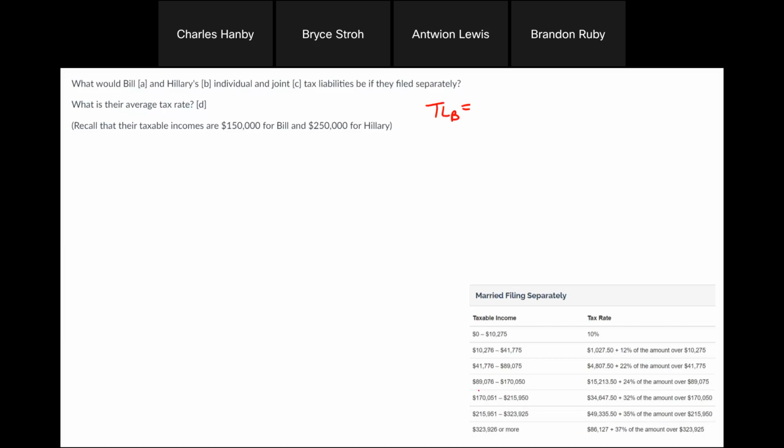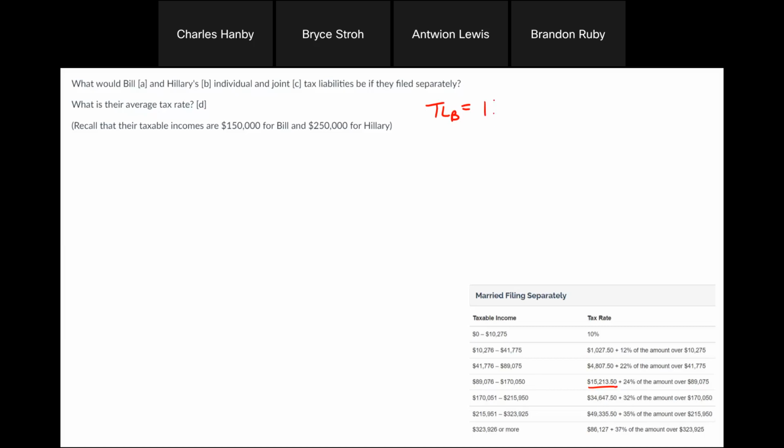So that's between $89,075 and $170,050. So Bill's in the 24% tax bracket. So his tax liability is going to be $15,213.50 plus 24% of the amount over $89,075.